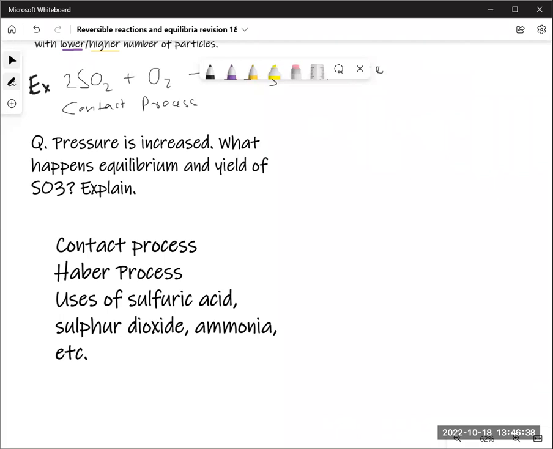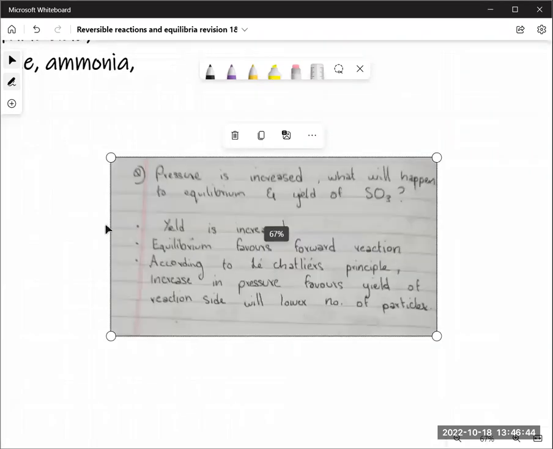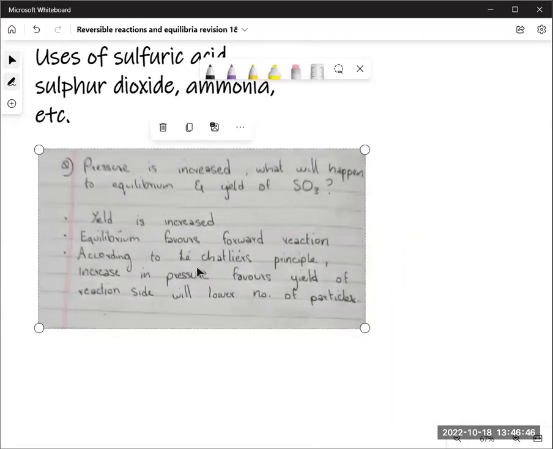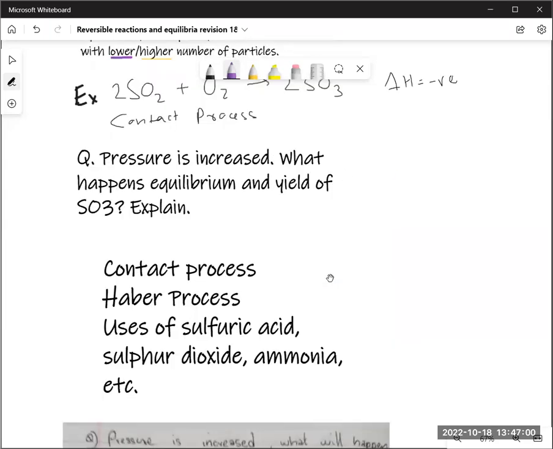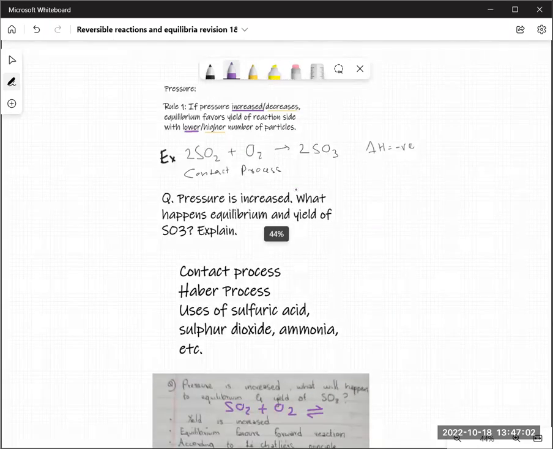Done. I sent it. Okay, let's see. Now pressure is increased. What will happen to the equilibrium and yield of SO3? Yield is increased. Always write the equation here. Again, I think we missed something here. Okay, yeah, this has to be a reversible reaction.